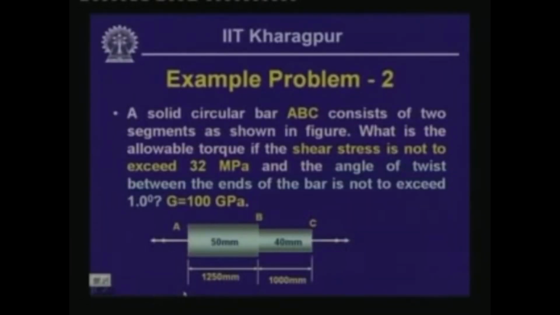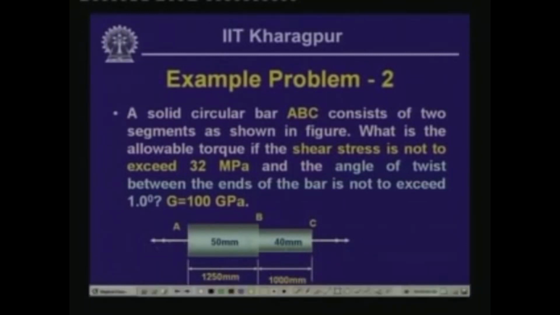Now again for part T by J is equal to tau by rho. So we will have to compute the twisting moment. Tau is given, so this is tau J by rho. Now here, part AB is of 50 millimeter diameter, and part BC is of 40 millimeter diameter.